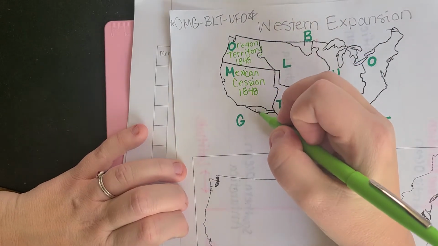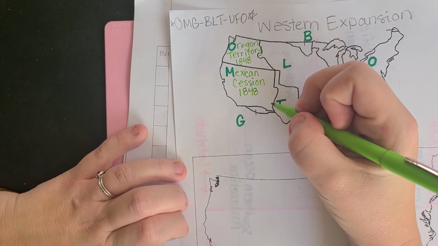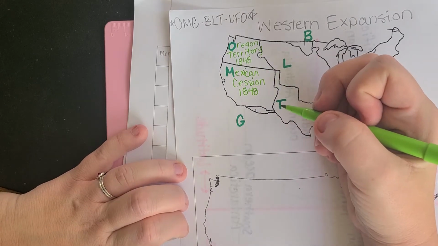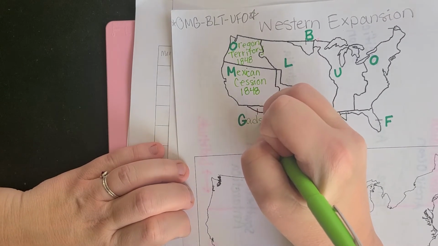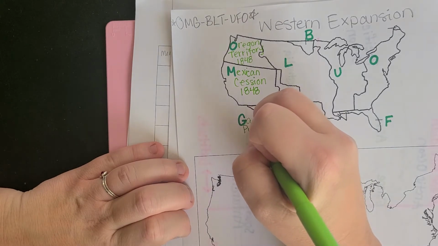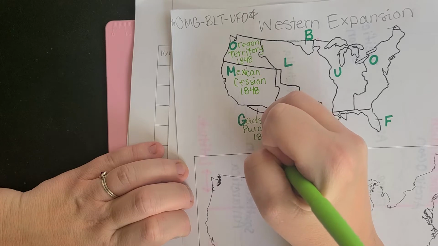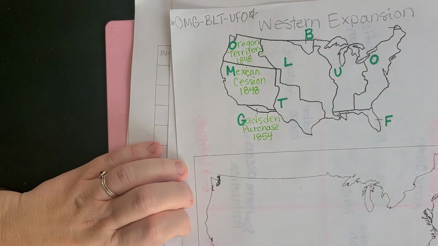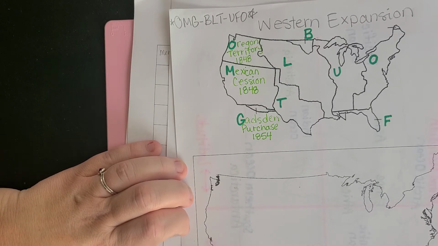Down here was a land deal that was made to avoid the Rocky Mountains with the Transcontinental Railroad, and it was organized by a guy named Gadsden. So this is the Gadsden Purchase of 1854. I would love to tell you that we're going to hear more about that, but that's just one of those things you have to remember.